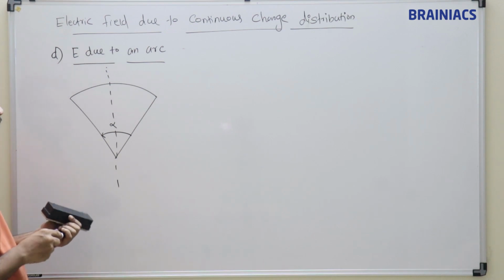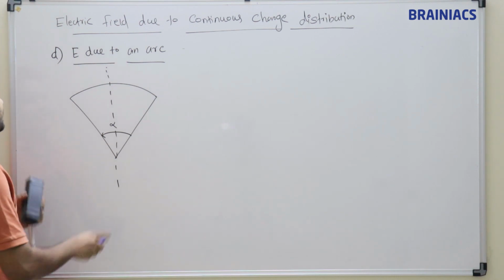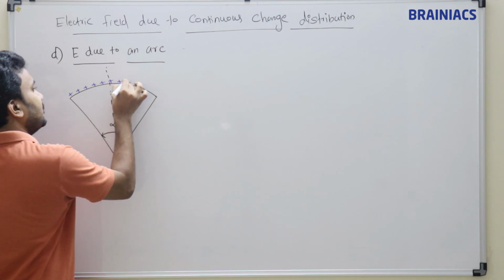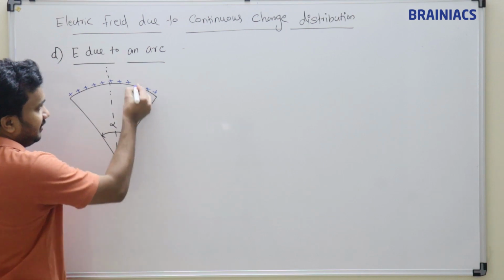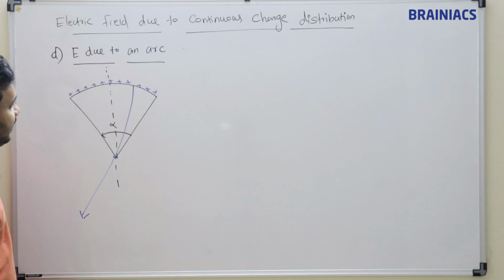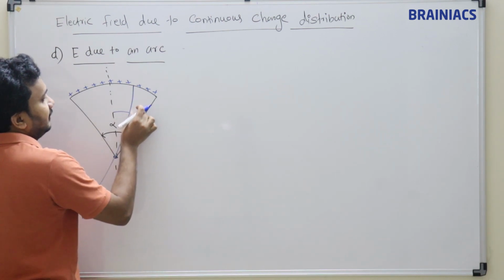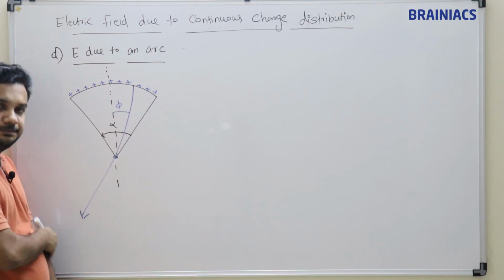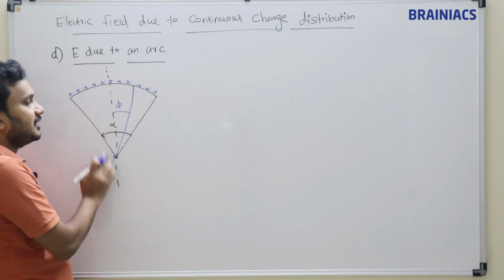This arc is a wire carrying positive charge, so the electric fields are directed away from it. Now we are going to find the electric field here. If we take one point here, the electric field will be like this, and this angle is considered as phi.